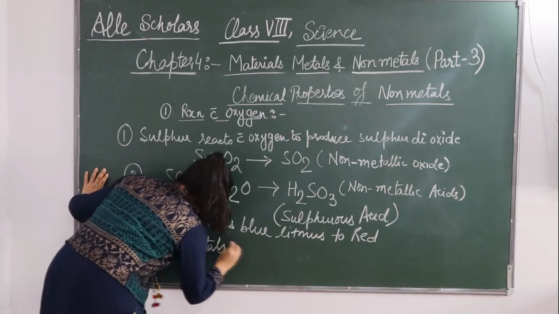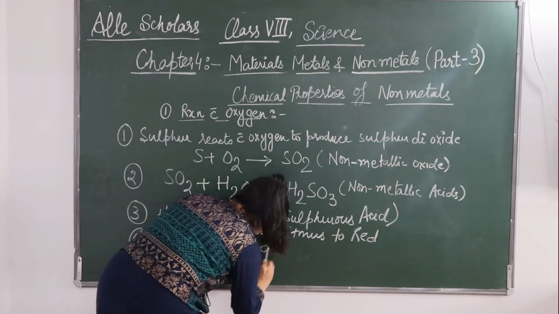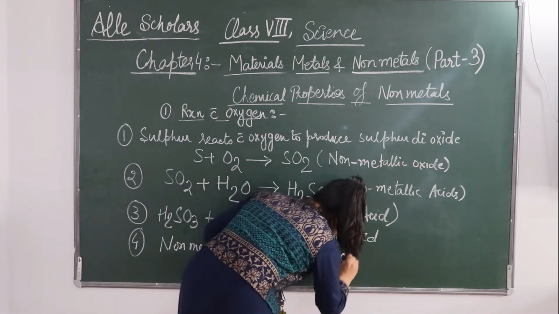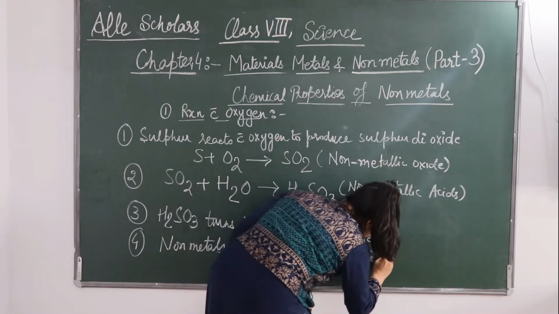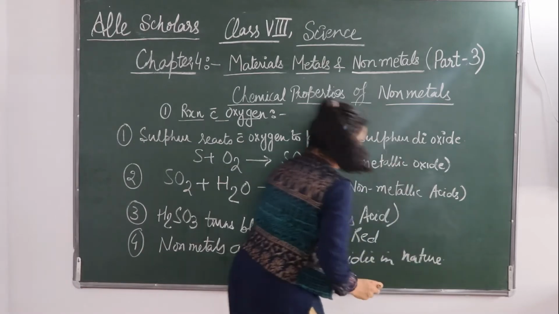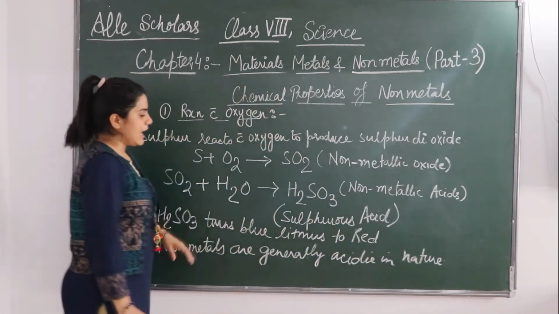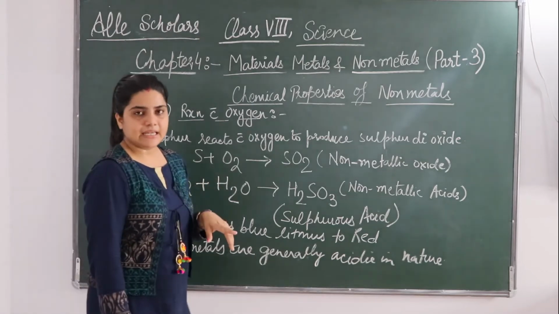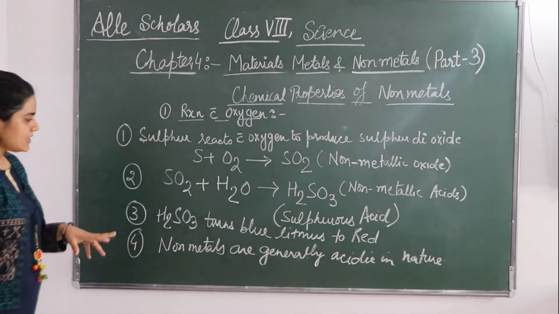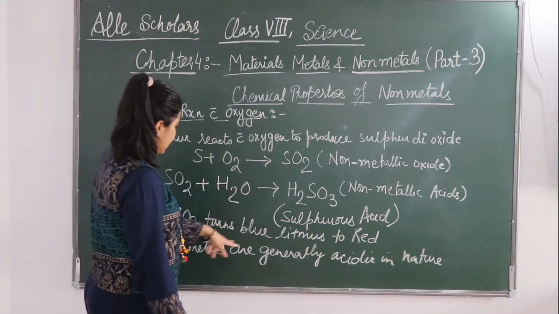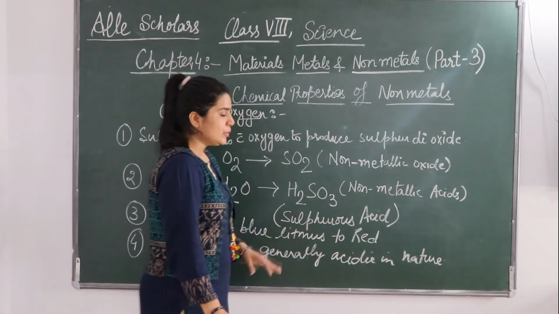So we have seen that metals are mostly basic in nature, but non-metals are generally acidic in nature, as we have seen that the sulfurous acid turns blue litmus to red.